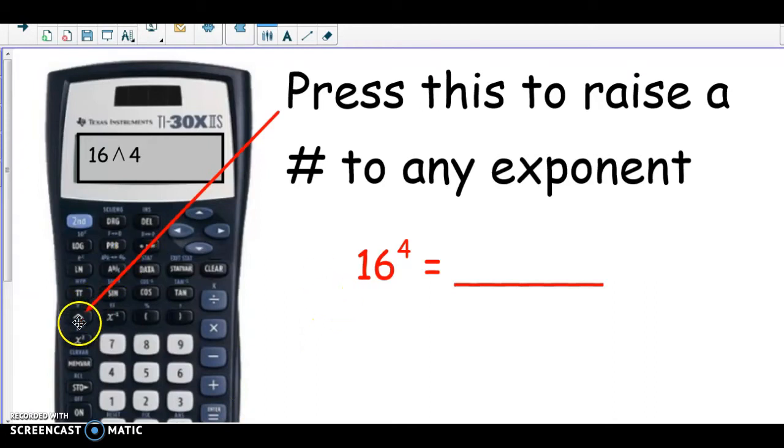So using this caret button looks like this when you type it in the calculator. This tells the calculator you want to take 16 and you want to raise it to the 4th power. 16 to the 4th power does give you the answer of 65,536. Try it on your calculator to be sure that that's the answer you get.